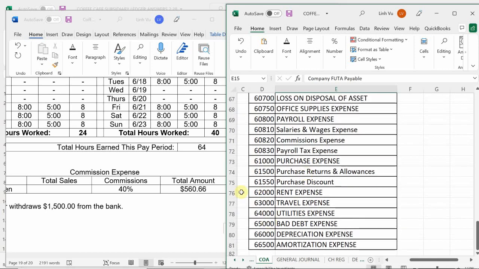So under payroll expenses, you've got commissions expenses. Okay?